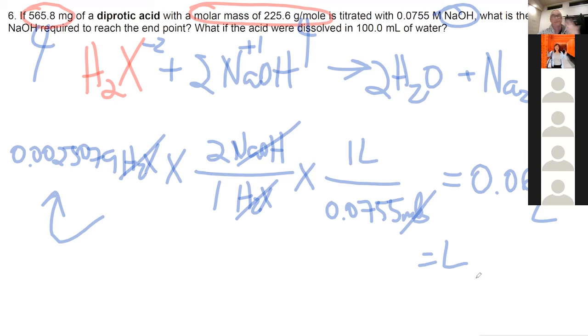Do not round your numbers until you get to the very end, because you're going to be throwing away precision. We kept 5 digits of moles of acid, but we're limited by the 3 significant digits in the concentration. So now we have to limit ourselves to 3 significant digits for the volume.